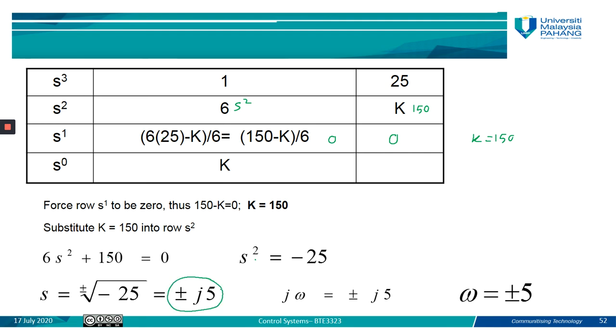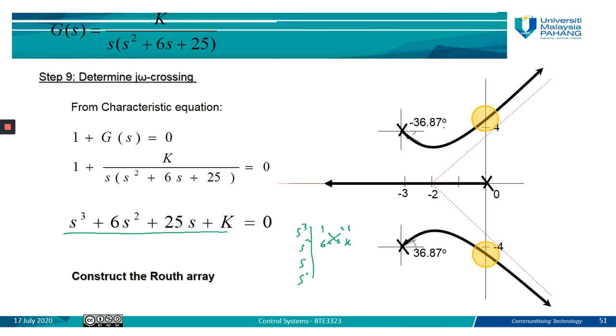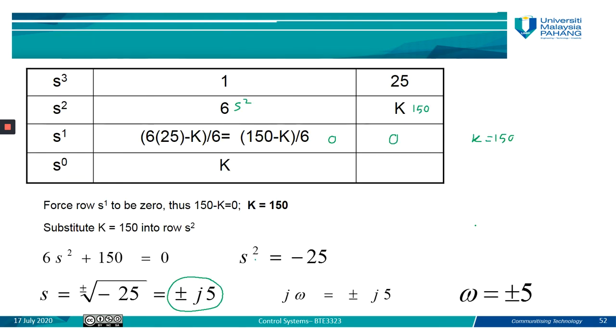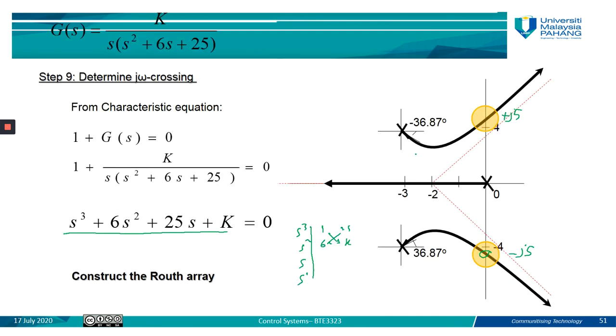From this solution, we know the crossing point that we want: it will be plus j5 and minus j5. The value of k that gives this crossing is k equal to 150.